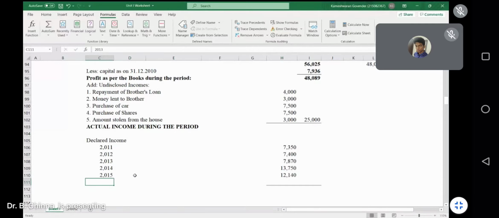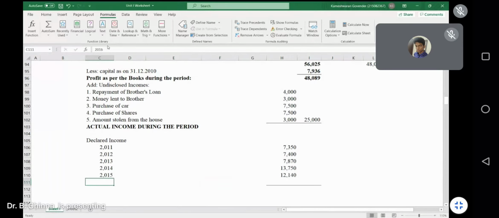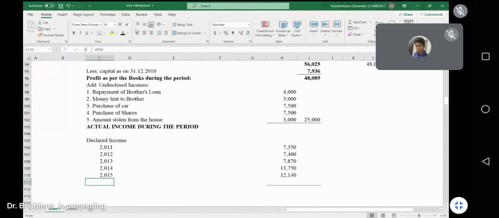And 2016, 9,260. So give me the total quickly. 57,700. Yes.